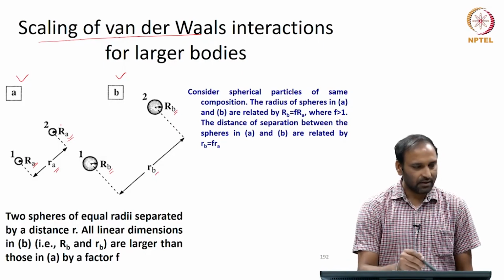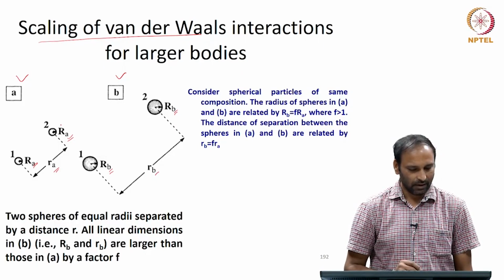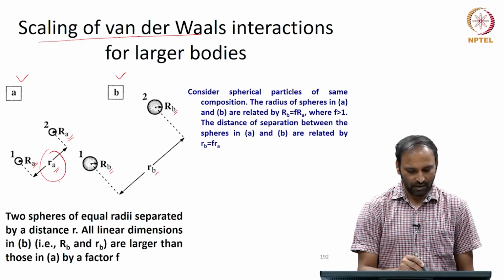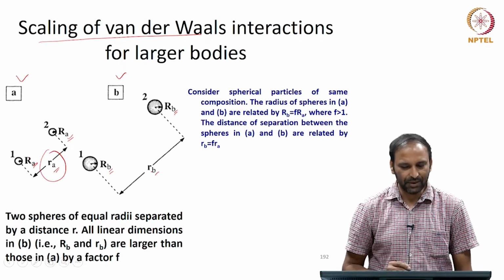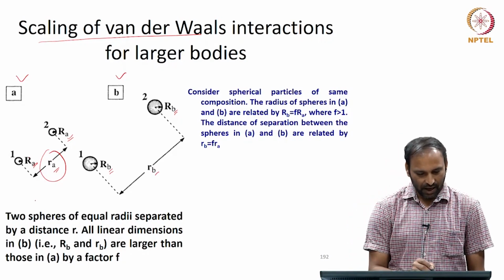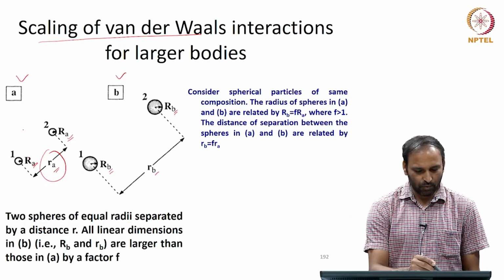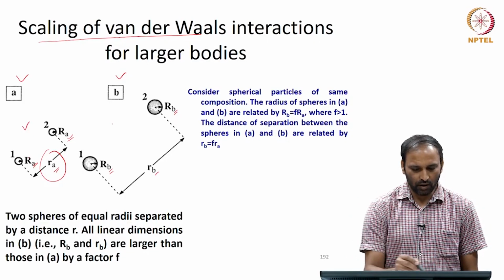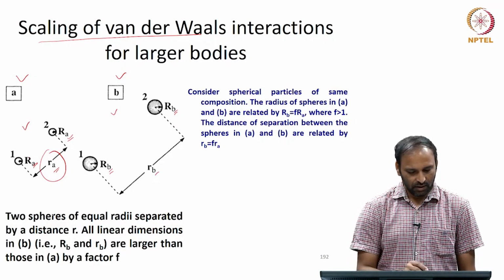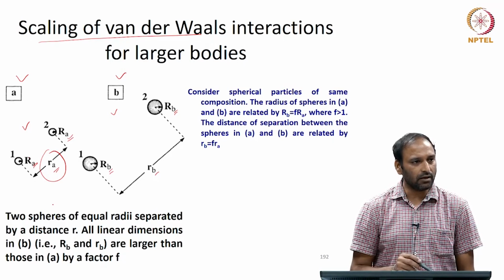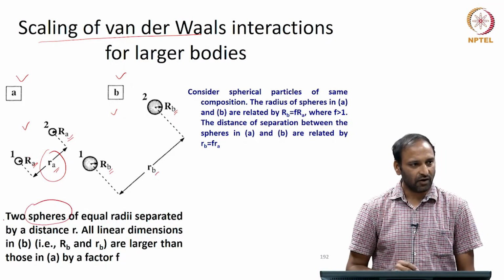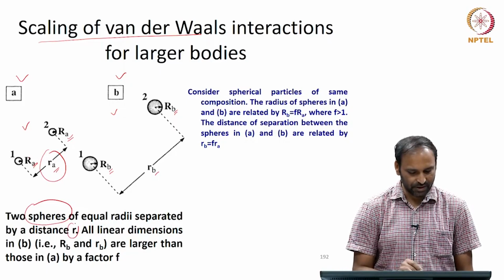So, R is the radius of the particle and they are separated by a distance R A in the first case and R B in the second case. In both case A and case B, the particles are spheres of equal size, and they are separated by some distance.